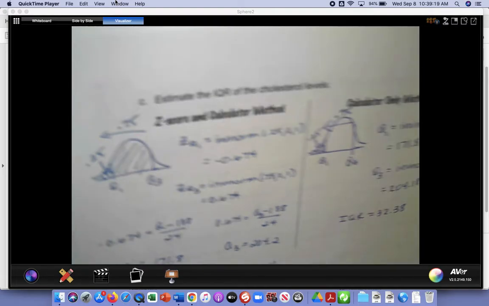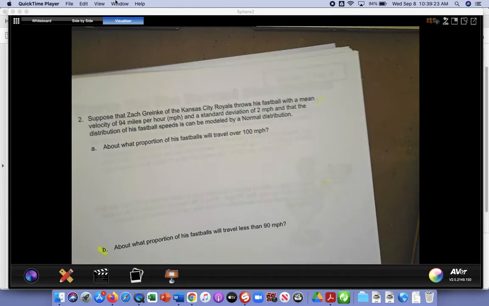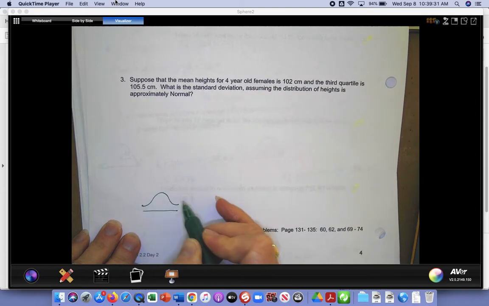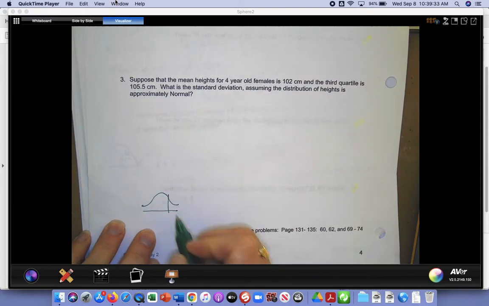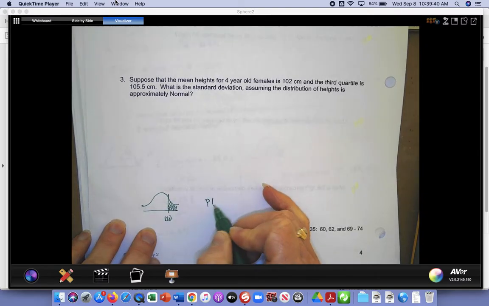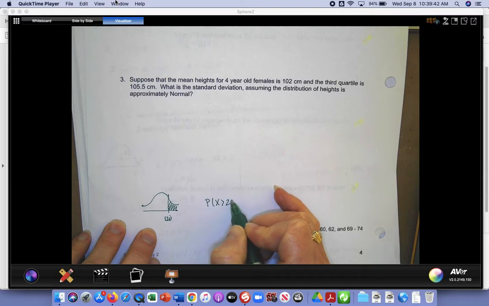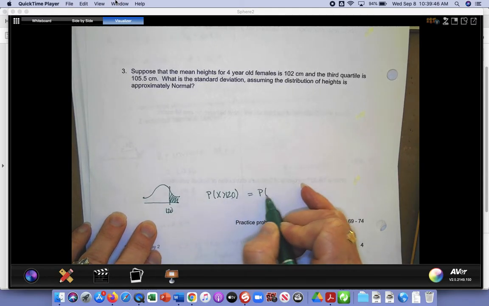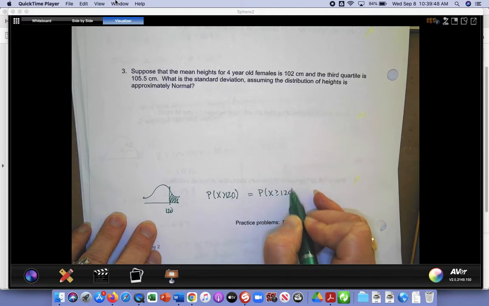In any of these normal distribution problems, when we are finding the probability of, let's say, being greater than 120, the probability of being greater than 120 is equal to the probability of being greater than or equal to 120.